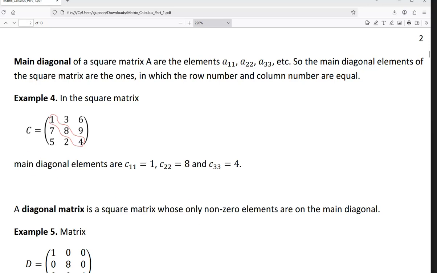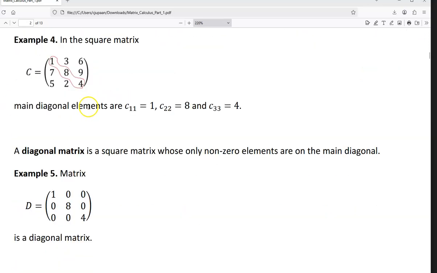So, for example, in this square matrix, these which I have collected together are all in the diagonal. So these elements are diagonal elements.